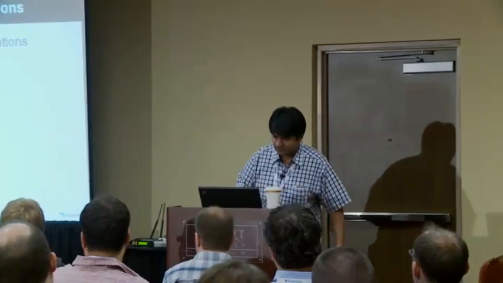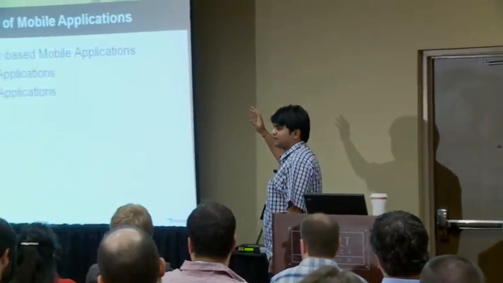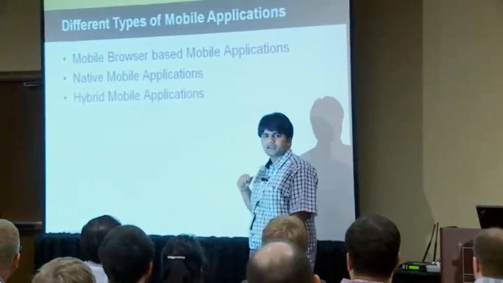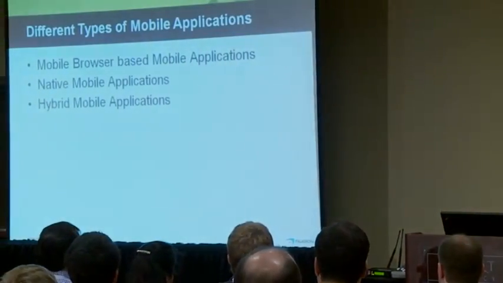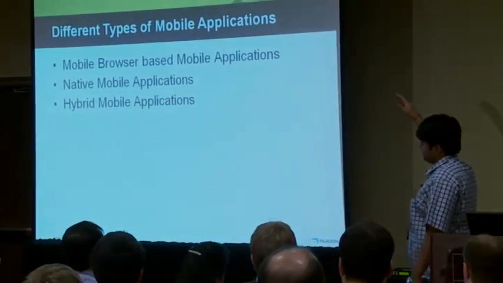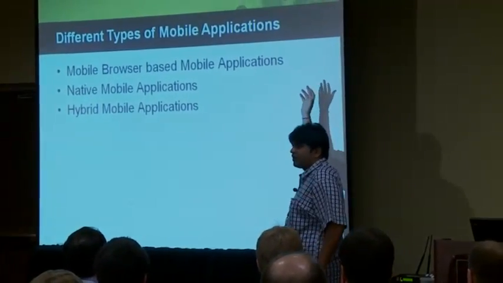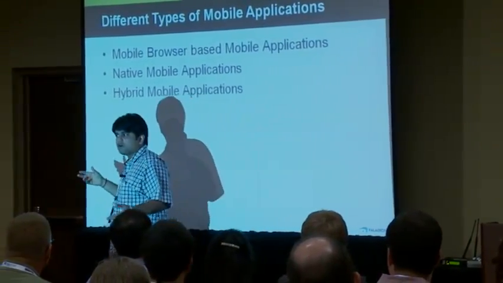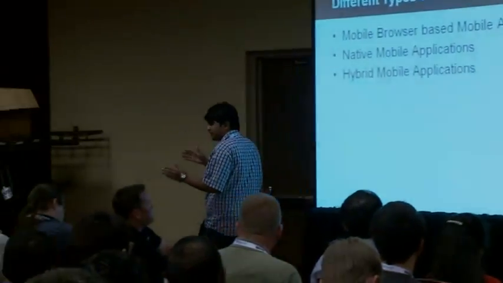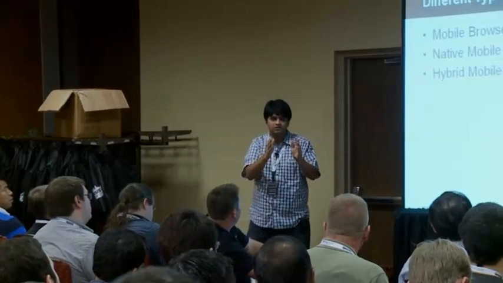Next slide please. Okay, so different types of mobile applications. Before I go into detail, let us understand what the different types of mobile applications available in the market are. Mobile browser based applications: I am sure everybody knows what browser based applications are. Example, m.facebook.com. Any application which has been built to work on a mobile browser in a very lightweight fashion is called a mobile browser based application.